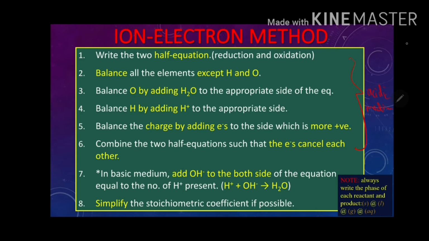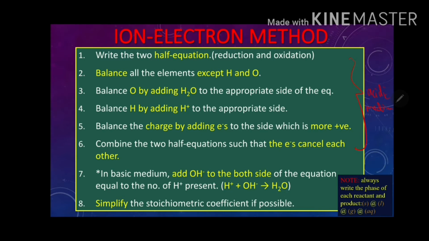If the question asks you to balance the equation in basic medium, we add another step, which is step number 7. We have to add OH minus to both sides of the equation equal to the number of H plus present. And you must know that H plus plus OH minus is equal to H2O.